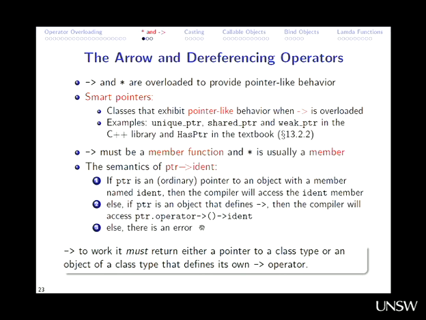So basically, what that's saying is that the arrow should always return what something's pointing to, even if it has to go through a couple of chains to get there. So for arrow to work, it must return either a pointer to a class type or an object of a class type that defines its own overloaded arrow operator.